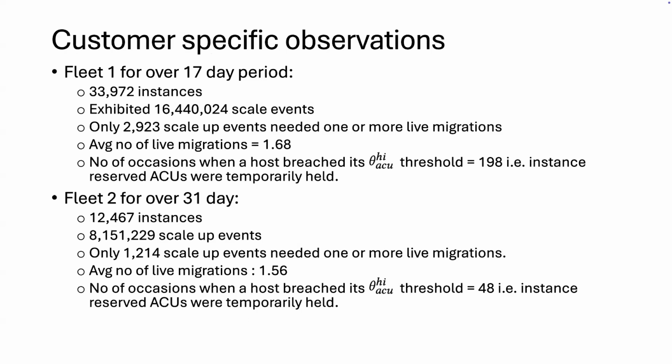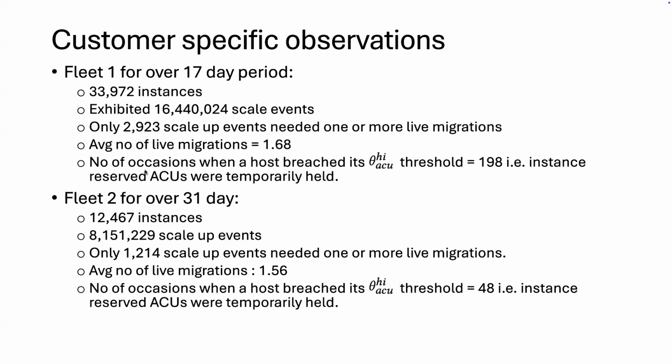These are some of the customer specific observations which they have given. For example, in the first case there were 33K instances, 33,972 instances, and they exhibited these many scale up or down events. And out of these events, only these many had one or more live migrations needed. The average number of live migrations whenever these were happening was around 1.68.